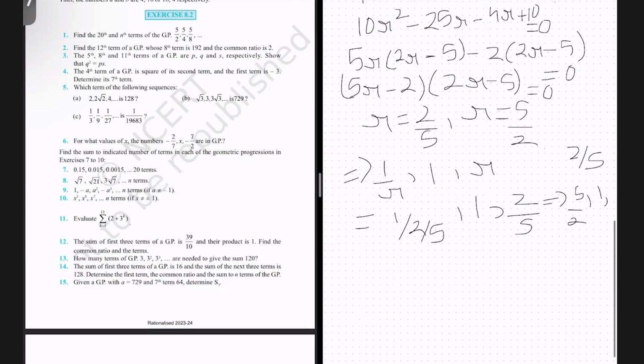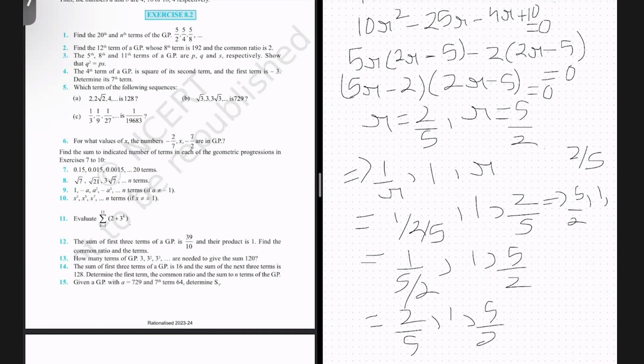If I use the value of R equals 5 by 2, let us see what I then get. I have 1 by R, 1 and R, so my terms are 2 by 5, 1 and 5 by 2. In either case, my three terms are going to be the same.